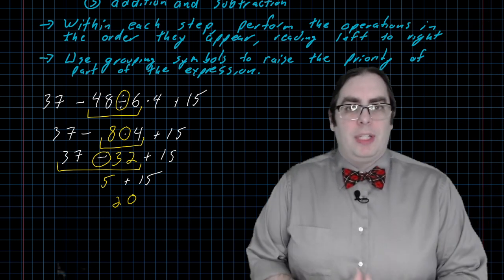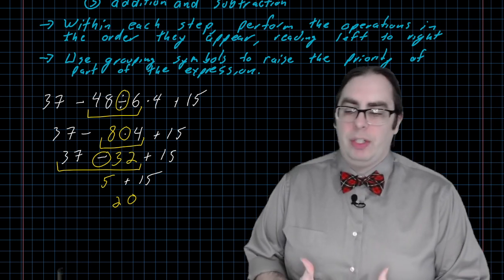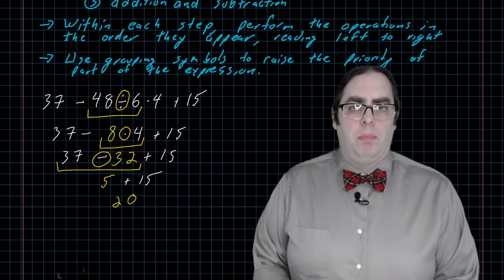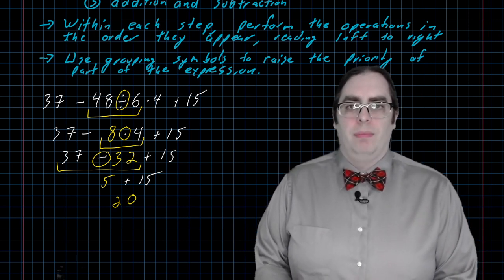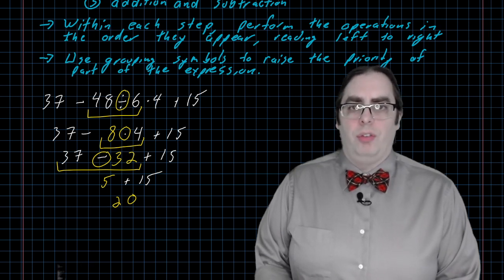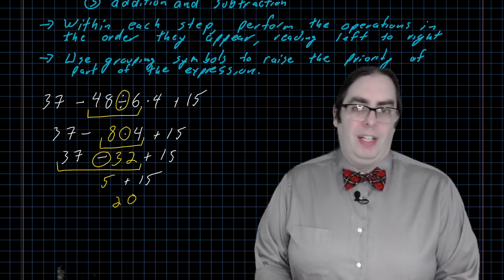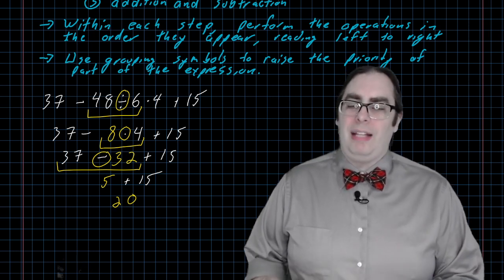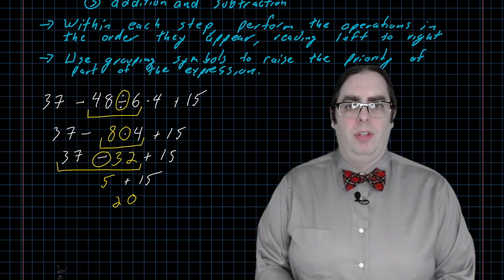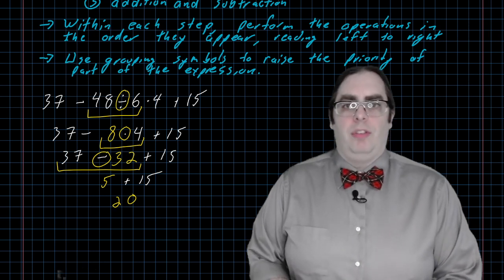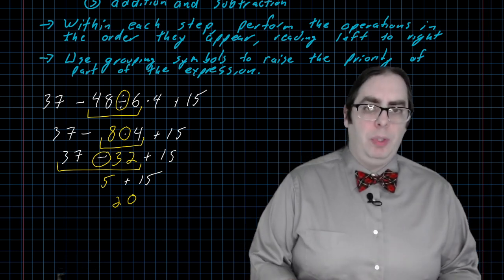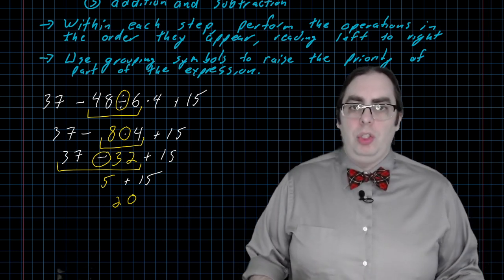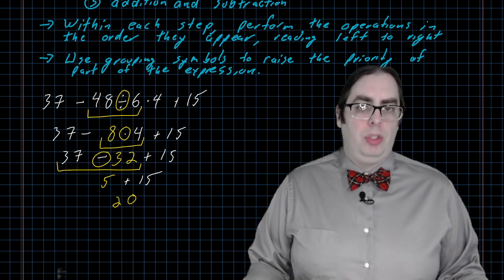Right. If your calculator can handle the entire expression in one go, why is it worth being able to do it by hand? There's a couple of answers. The first, and I think most important, is that that's not always going to be the case. The order of operations is the foundation of the language of mathematics that we're going to be using throughout the rest of the semester, and you'll continue to use throughout any other mathematics course that you take.